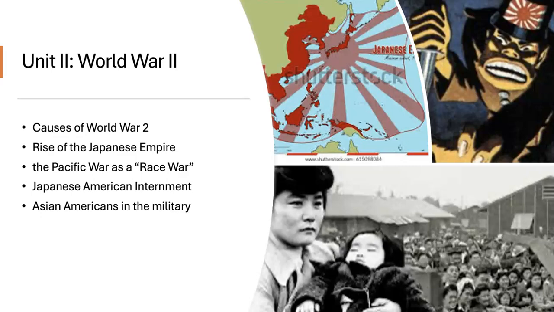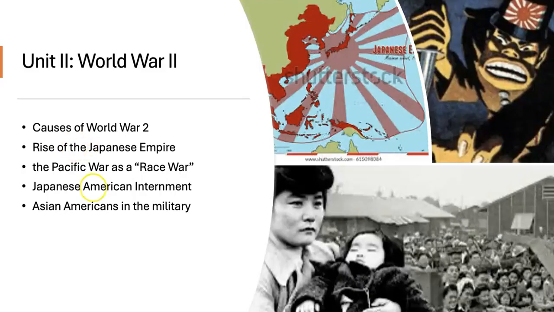Now, in this slide here, we're going to look at these various subtopics. We're going to examine the causes of World War II. And this is important because we want to see how empire and imperialism figure prominently in the eventuation of conflict, not to mention how that's going to affect Asian American history.